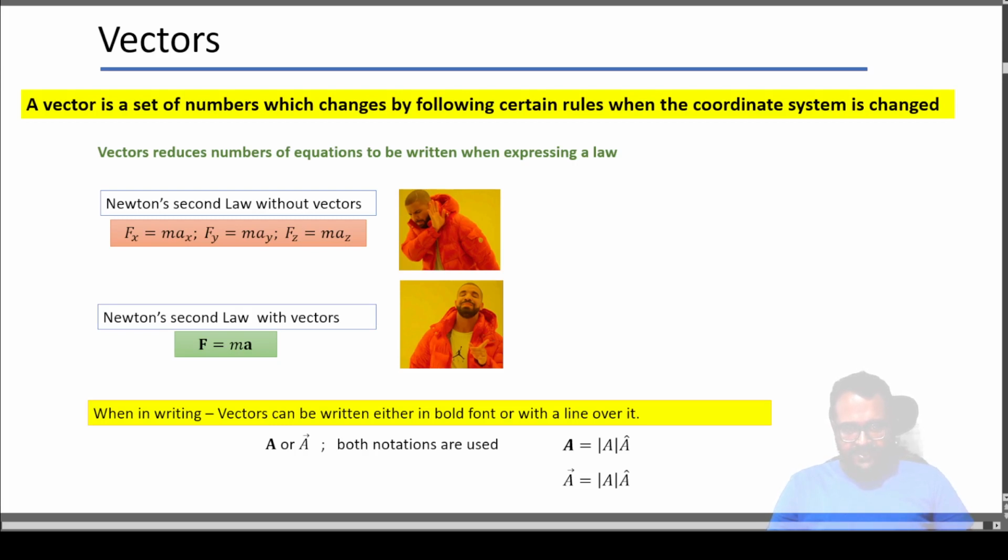Vectors can be written in a bold font or with a line over them, like this notation, which you already know. Both notations are used, and we'll write both. Sometimes you see a strange hat.